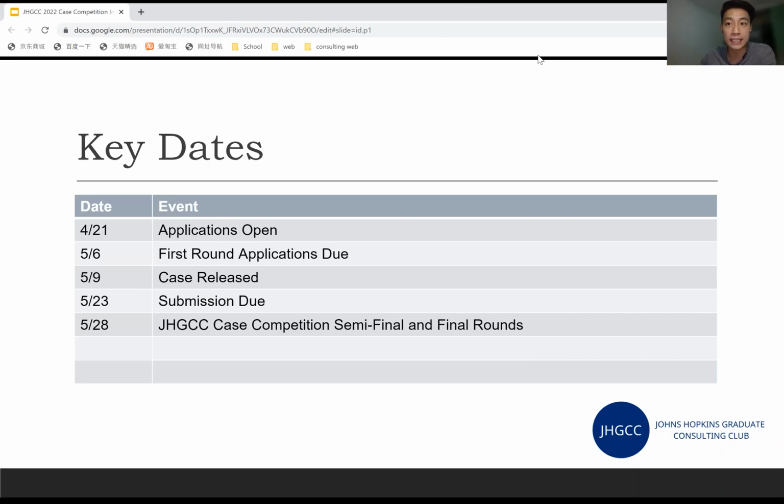So these are the key dates for this year's case competition. If there's ever a slide that you should take a screenshot of, this might be the most important slide, just to save it on your computer to make sure that you are on the right track throughout the whole process.